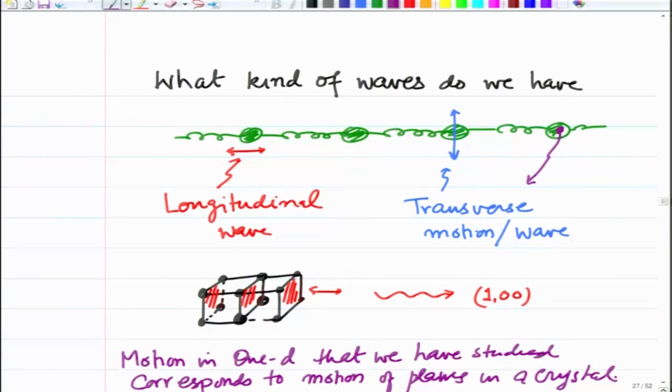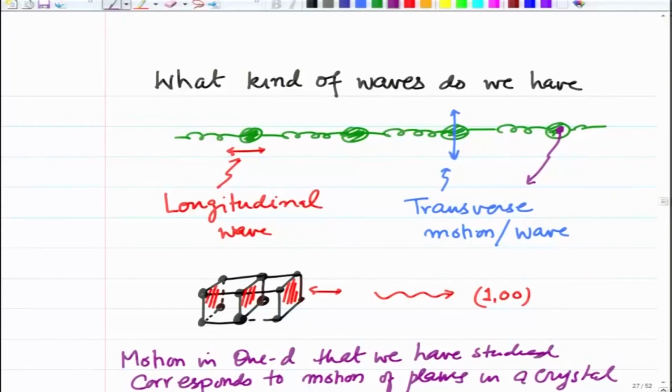So, this is how we connect. So, what we have done is not a futile exercise, it is actually related to the motion of planes in a crystal, and later I will show you towards the end of this week's lectures that this is precisely what we study experimentally. So, that is one point I wanted to make.